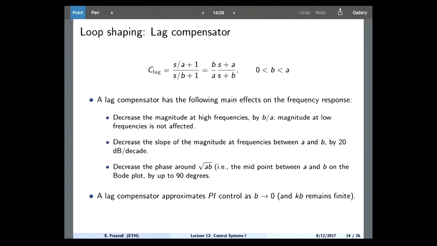It is decreasing the slope of the magnitude, meaning that it essentially decreases the phase around the geometric mean of the pole and zero by up to 90 degrees. Notice that a lag compensator approximates a PI controller as the frequency of the pole gets closer and closer to 0, right? So if B is 0 here, you get an integrator, okay?